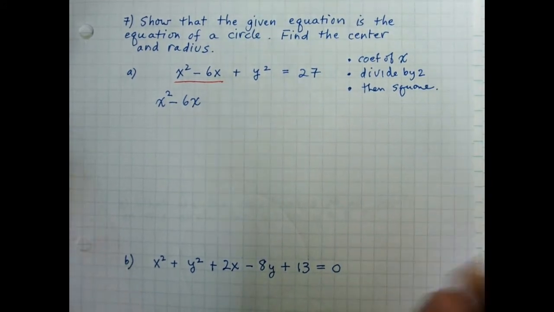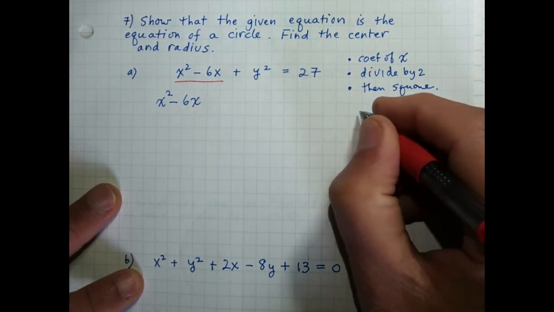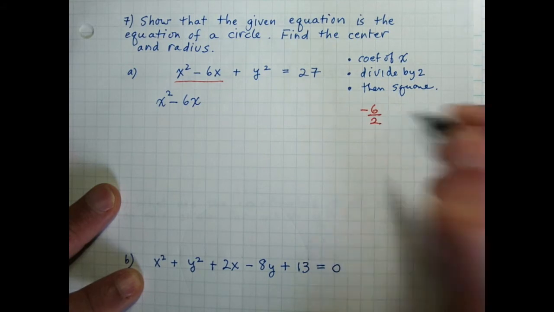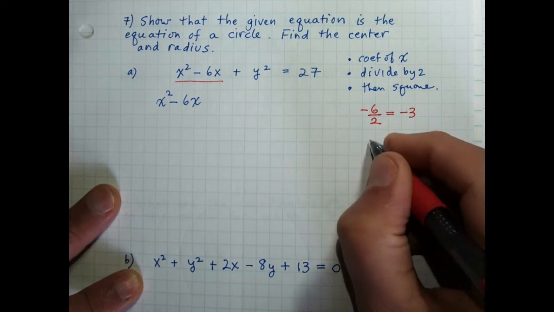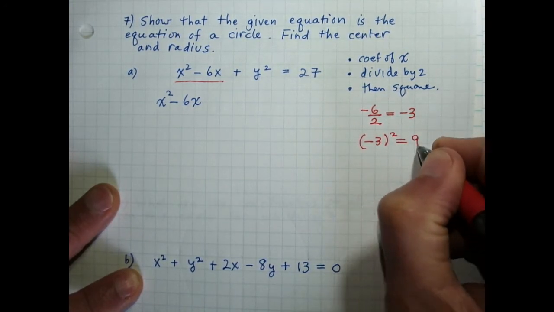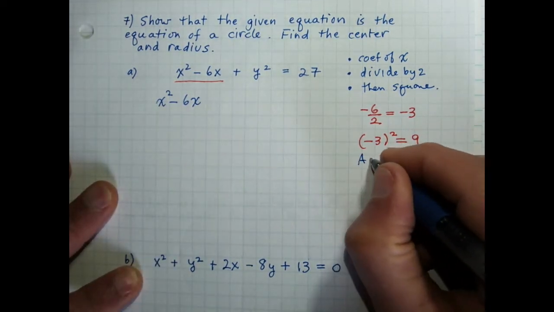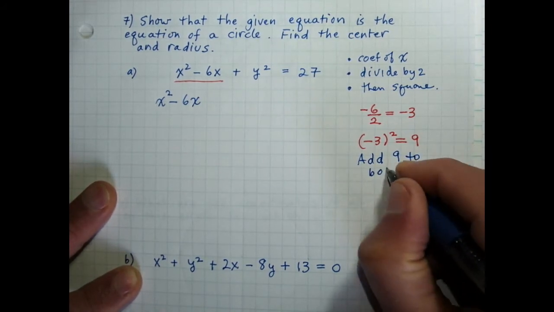So I'm going to take the coefficient of x, which is actually -6. I'm going to divide by 2 to get -3. And then I'm going to take that -3 and square it to get +9. +9 is what I'm going to add to both sides of that equation.